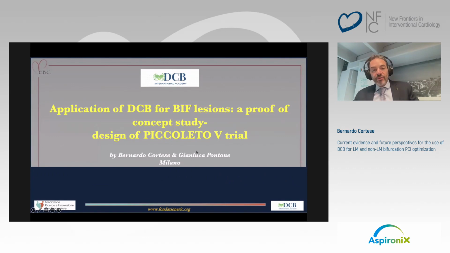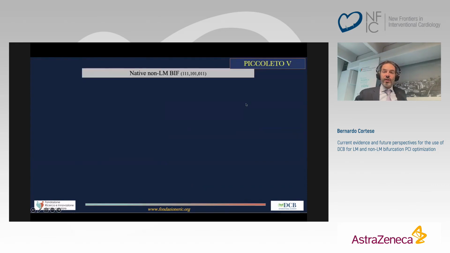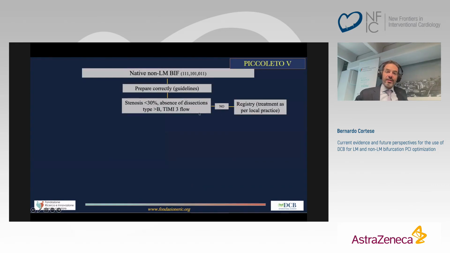The future, very briefly: we have designed a Piccoleto 5 trial because we want to see in non-left main bifurcation if there is a role for a full DCB angioplasty versus a provisional stenting. So native non-left main bifurcation after correct lesion preparation, we can use whatever we want, but we have to achieve this: final stenosis less than 30% and no dissection more than type B and good TIMI flow.